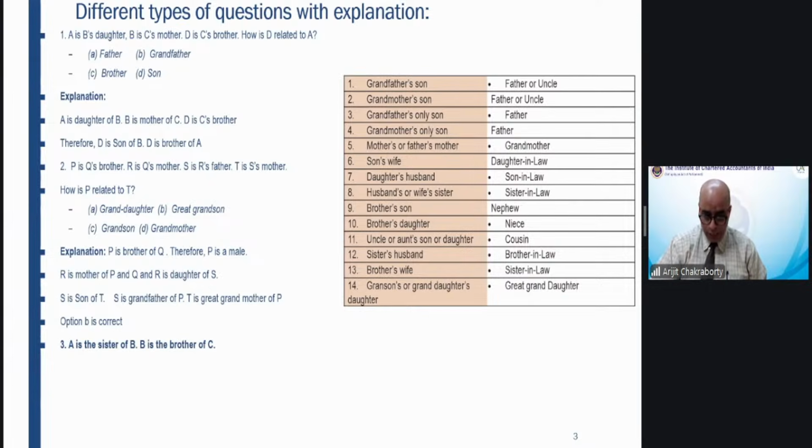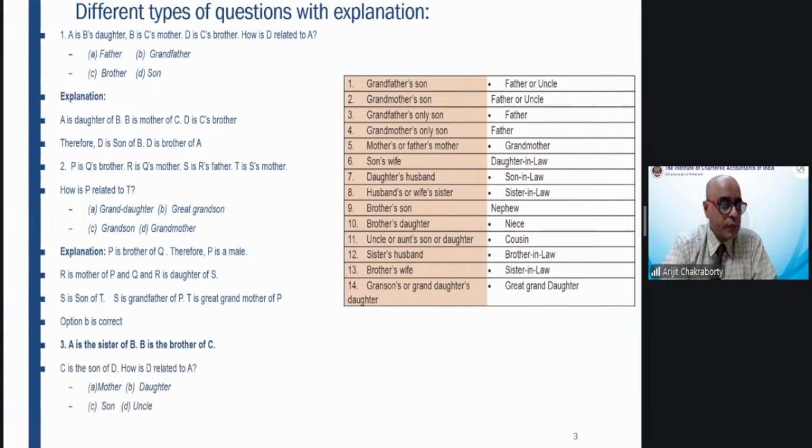So we see the relationship, and then the next statement comes up. Let us see the next statement. C is the son of D. The question is, how is D related to A?